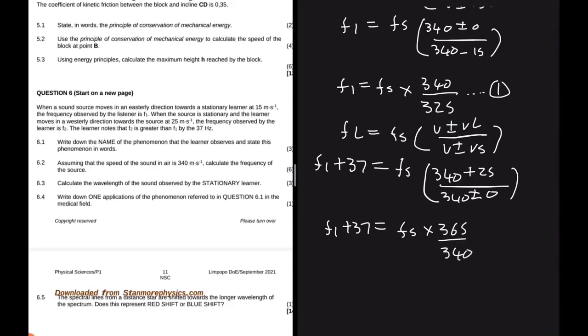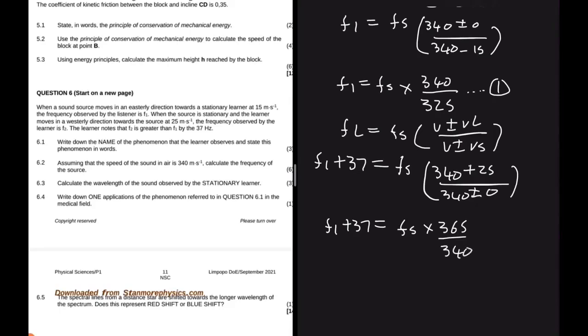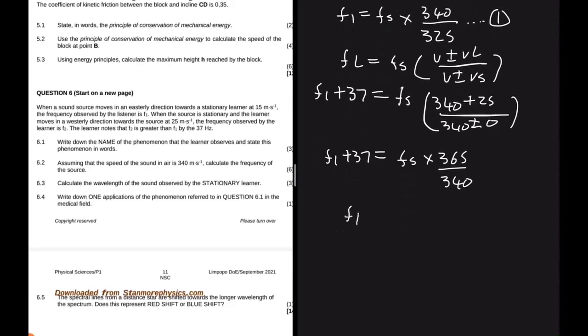We can go ahead and make F1 the subject of the formula. We get F1 equals Fs multiplied by 365 divided by 340 minus 37, and we can call this equation 2. I want you to realize something: if we say equation 2 equals equation 1, then we can solve for Fs, which is what we want. Equation 2 equals equation 1 because they're both giving us F1.